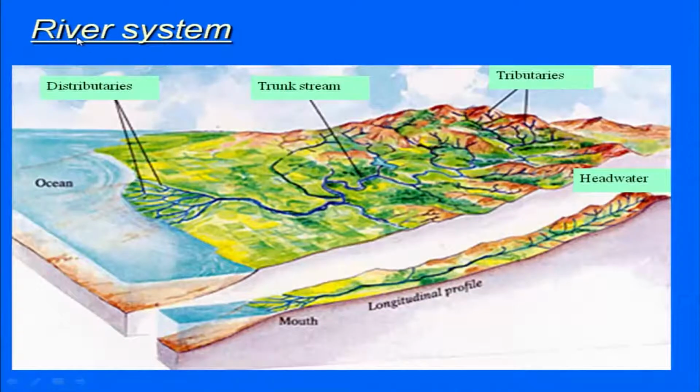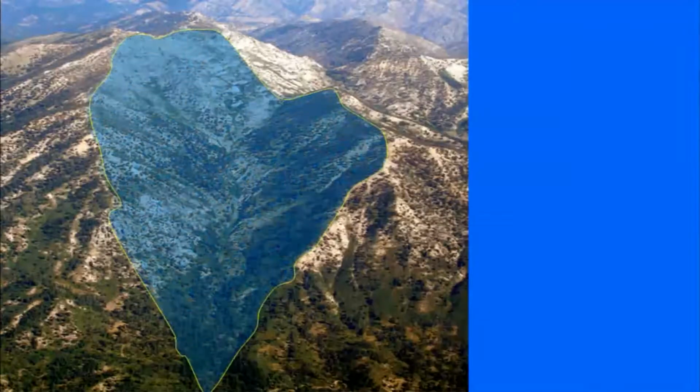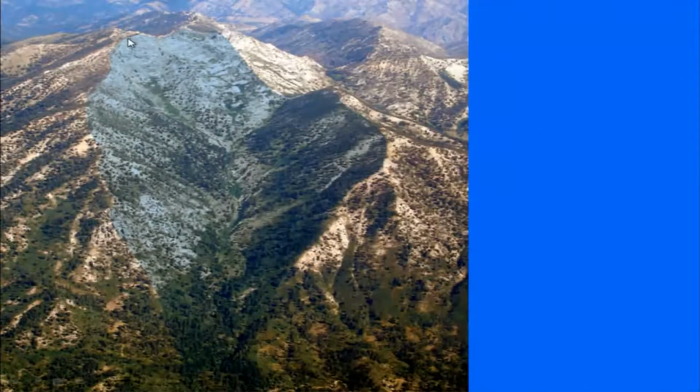So in short, the river system is comprised of tributaries, trunk stream and distributary. So this is the drainage basin, and there are very large drainage basins as well as smaller drainage basins contributing to the larger one, which are termed as sub-basins.